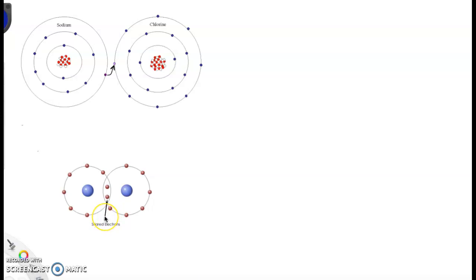When atoms are moving around, they bump into each other, and when they bump into each other, they have the opportunity to react together. There are two types of bonds.